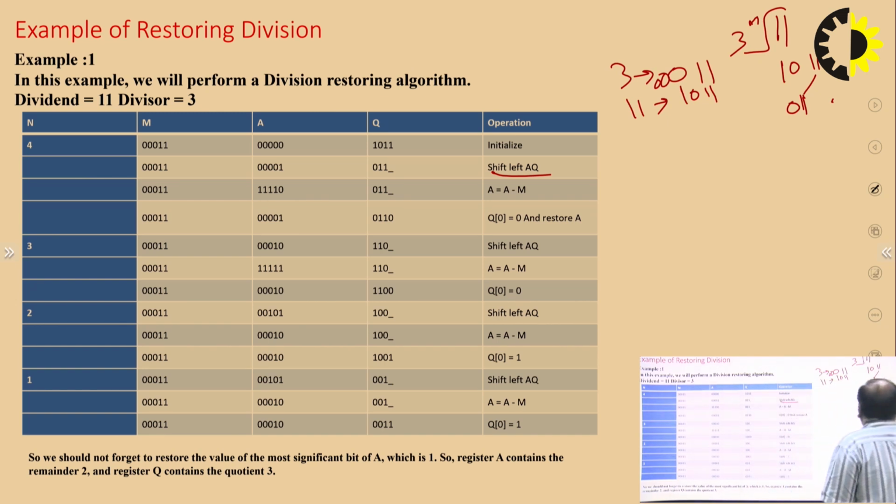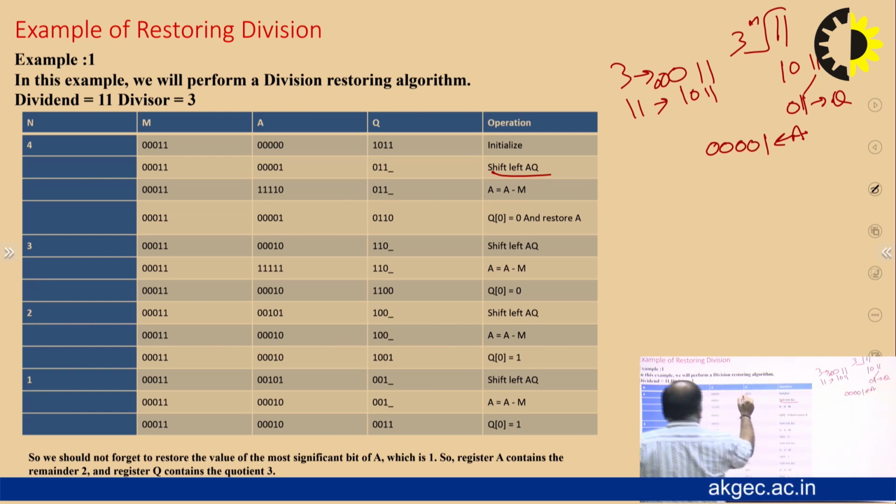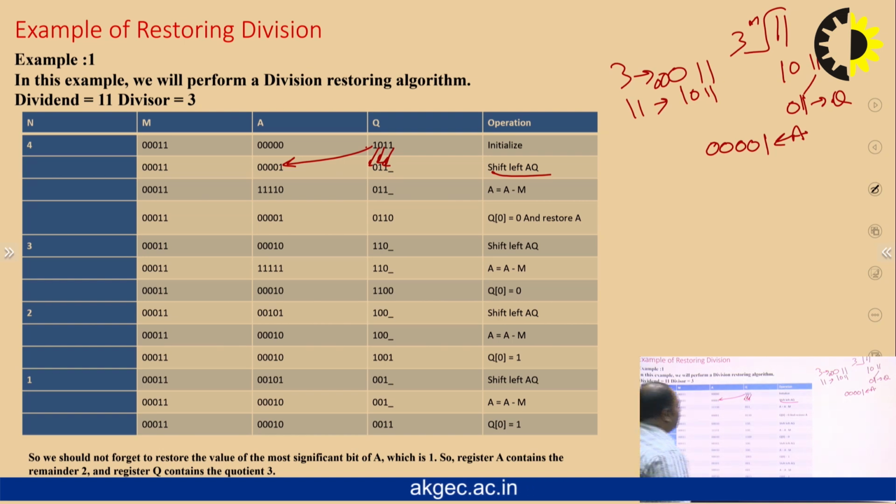And what is the value of A? The value of A is 00001. Where does this 1 come from? All three bits are left shifted, and one will come here.